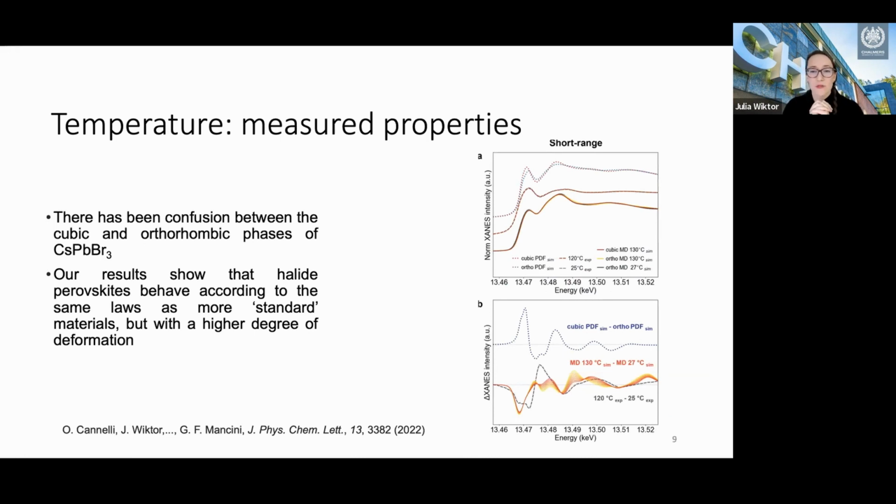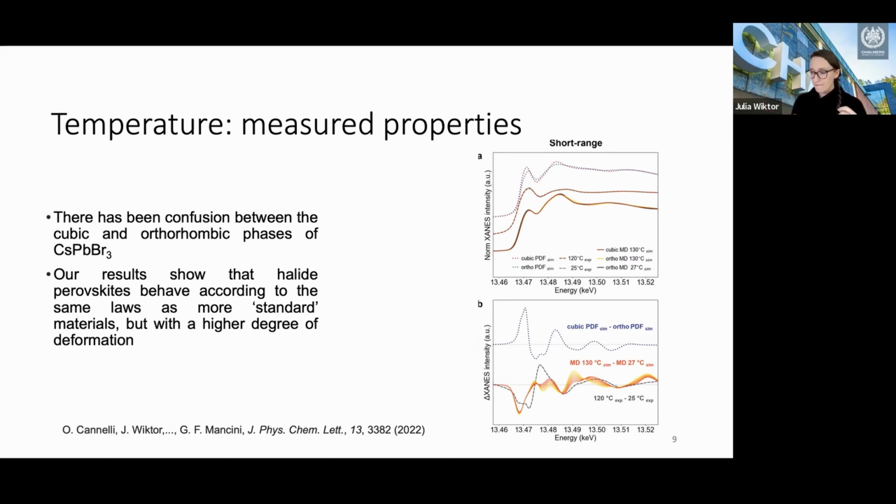And here I wanted to show you a collaboration we have done with experimentalists that studied phase transitions of cesium lead bromide. Basically it's related to some confusion in the literature on the structure of these halide perovskites, because we can expect them, as normal oxide perovskites, to have low symmetry phases at low temperatures, and then go to high symmetry phases like cubic at high temperatures.